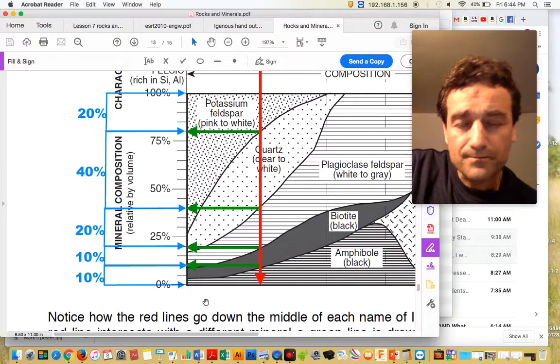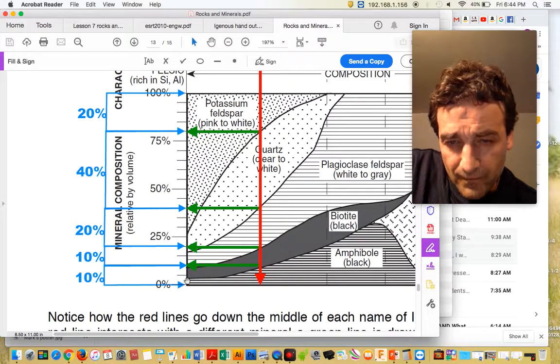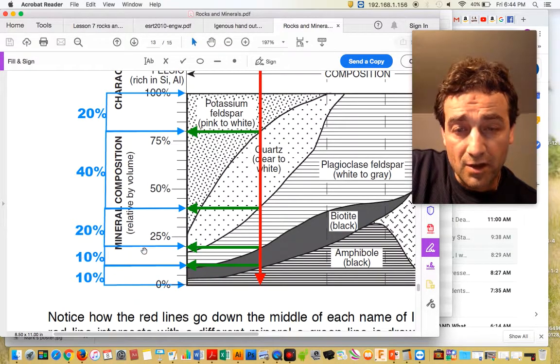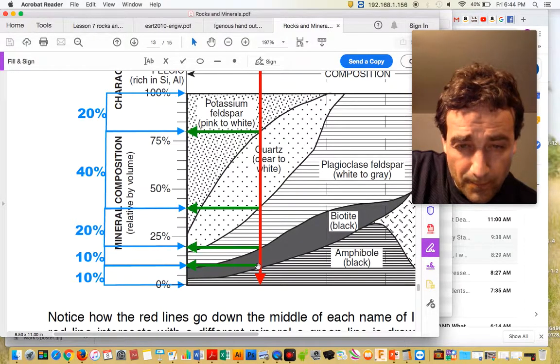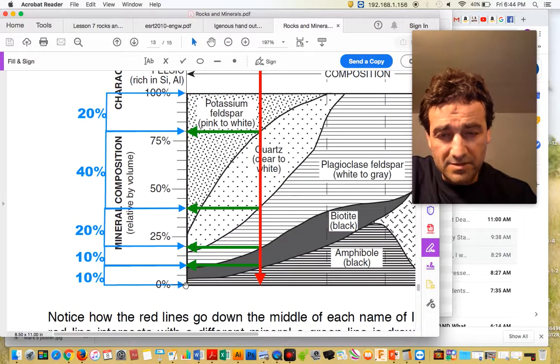So here we are. Down at the bottom, from 0 to here is 10%. 10% of what? Well, 10% of, boom, amphibole, right? Because it touches amphibole right here. So here down is 10%. 5, 10.